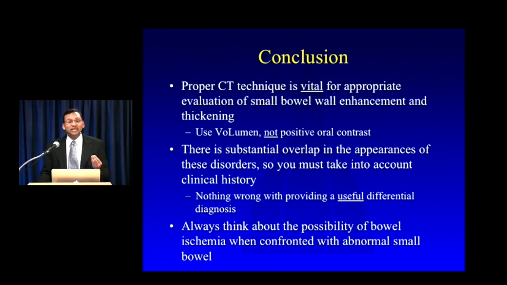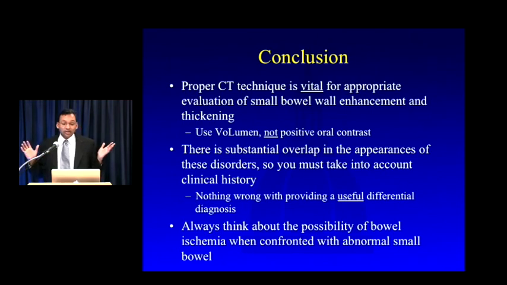Clinical history in many of these cases is going to be critical at allowing you to make a specific diagnosis. But even if you can't make a specific diagnosis, there's nothing wrong with providing a useful short differential diagnosis. But you don't want to be one of those guys who, anytime you see bowel wall thickening, you say it could be infectious, inflammatory, or ischemic. That's not useful. Provide a useful differential diagnosis based on the clinical history.